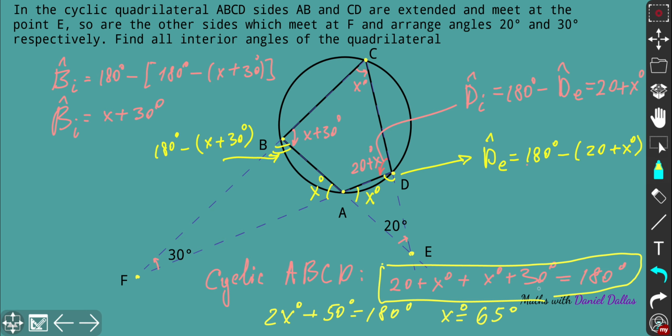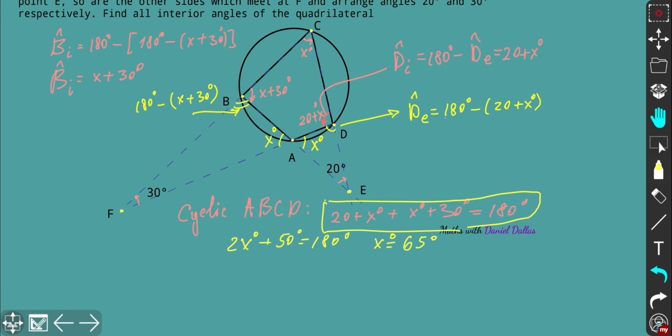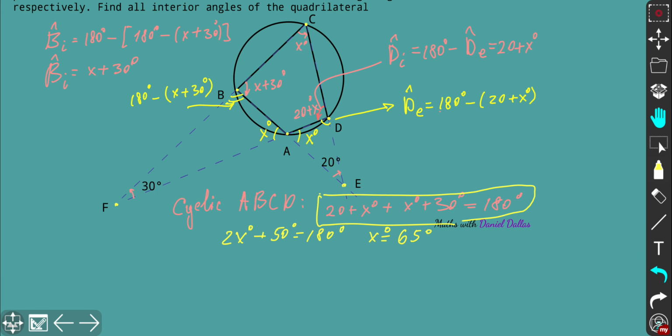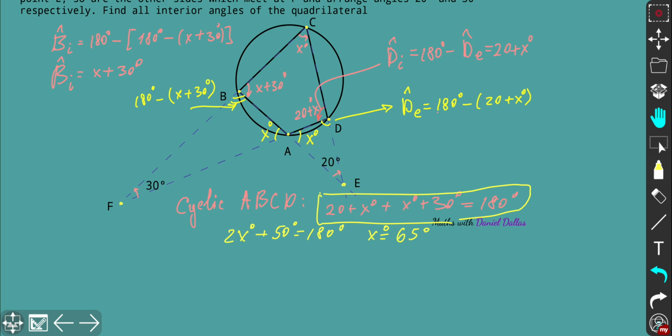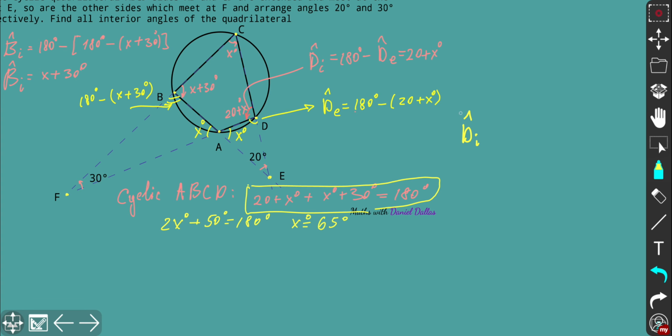Okay, so we found angle X, and hence we can figure out all the rest of the angles. I'll write the equation for each interior angle. First of all, let's set up angle D. Angle D interior is 20 plus X, so that's 20 plus 65, which is 85.